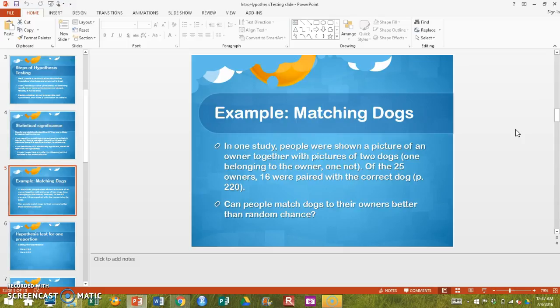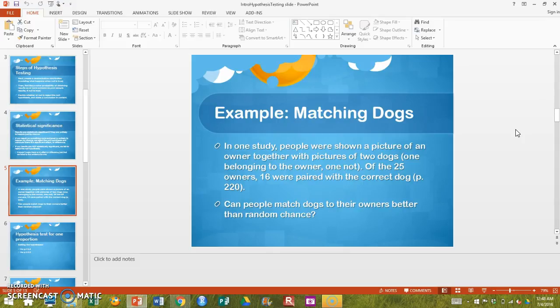So the research question is, can humans identify which dog belongs to which owner better than just randomly guessing? So here's the logical trick here. What probability would you expect to get in this study for matching a dog to an owner in this case? Well, again, 2 dogs, 1 owner, so it's 50-50.